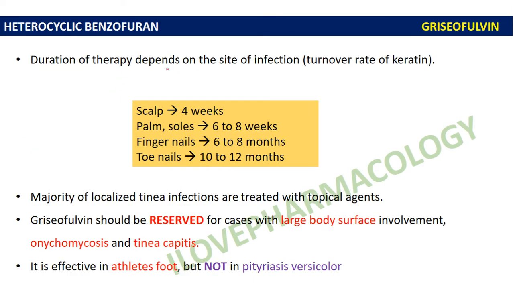The duration of therapy, as I told, depends on the site of infection as well as the turnover rate of the keratin. For scalp infection, it requires around 4 weeks. For palm and sole infection, around 6 to 8 weeks. For fingernail infection, 6 to 8 months. And for toenail infection, around a year, so 10 to 12 months.